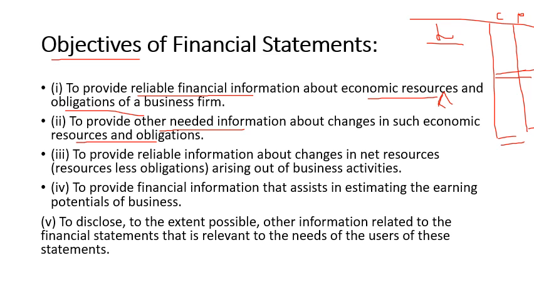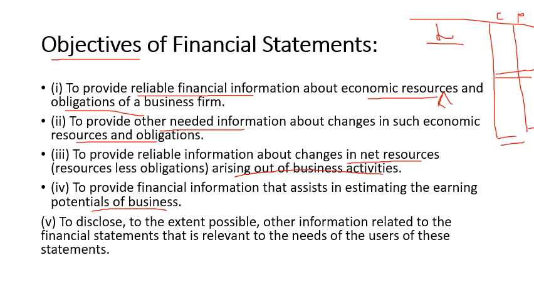And the next, to provide reliable information about the changes in net resources arising out of business activities. Various changes in net resources will show the net worth of the business. So the net capital or the net assets, everything will be provided through the financial statements. And to provide financial information that assists in estimating the earning potential of the business.